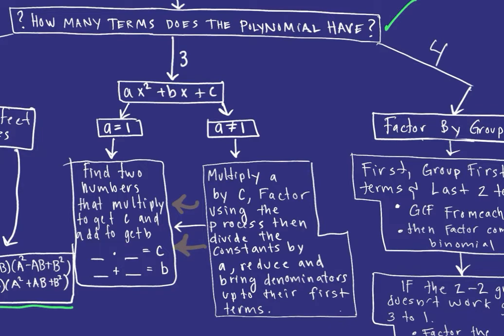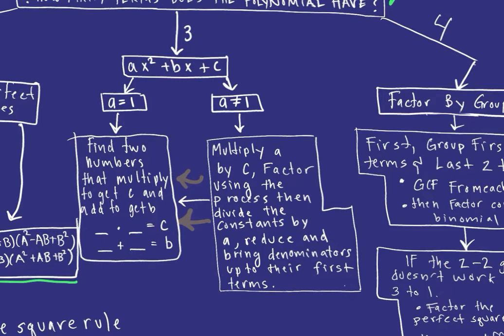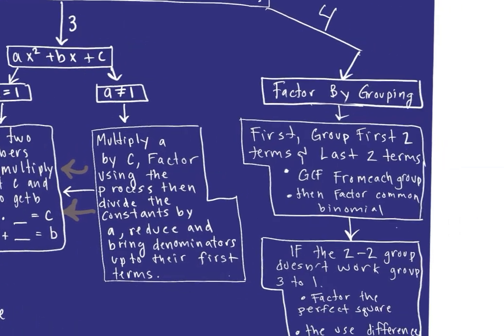And then, once we have the trinomial factored, we will divide the constants in our factors by our first term that we multiplied, reduce our fractions, and then any denominator that remains, we bring it up. Okay? So that's what we do if there are 3 terms.